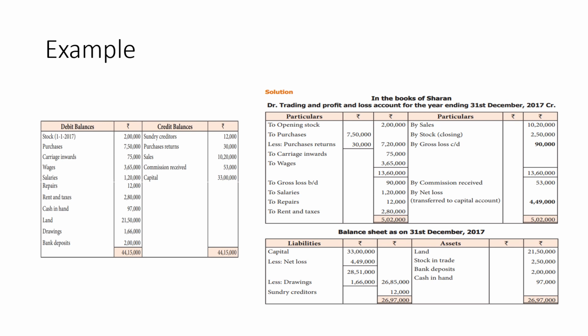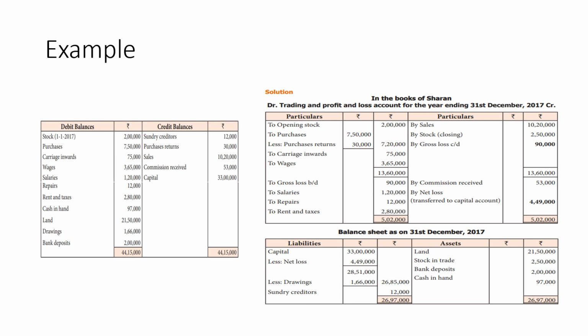Here they have listed credit and debit balances. The opening stock comes in the trading account, here 2 lakhs, and the purchases come on the trading account debit side. If there is a purchase return we subtract it, so that is 7 lakh 20,000.